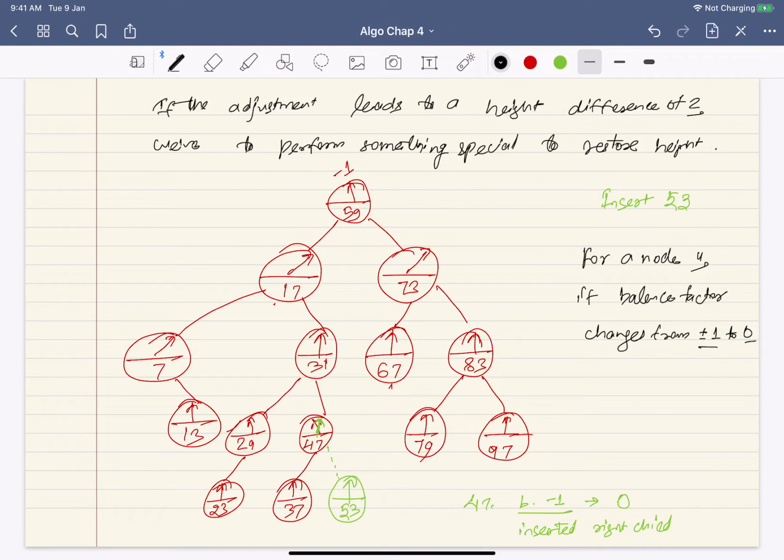That means earlier it was imbalanced and now it has become balanced. But the height of the subtree rooted at this node u does not change.